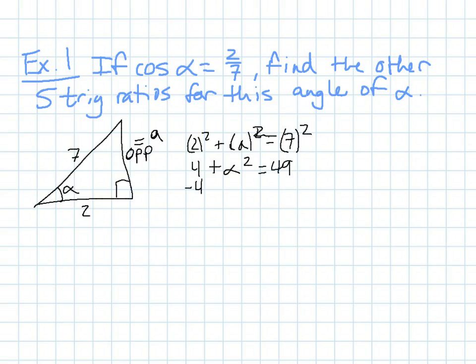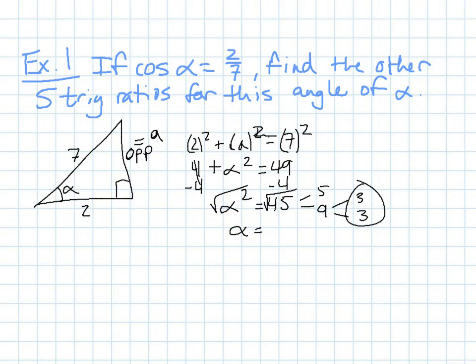I would want to solve for A, so I want to subtract 4 from both sides. That gives me 45. And then taking the square root of both sides, I can reduce this with a factor tree.